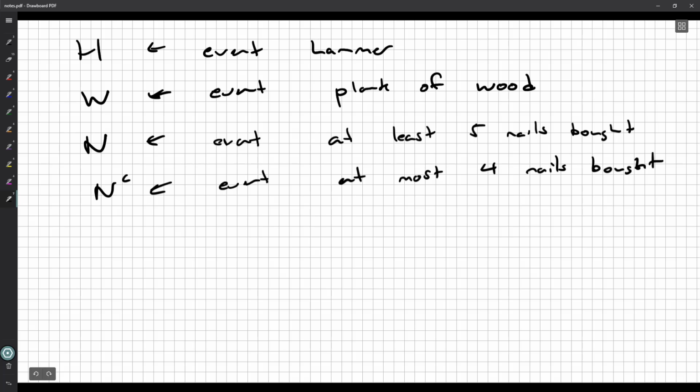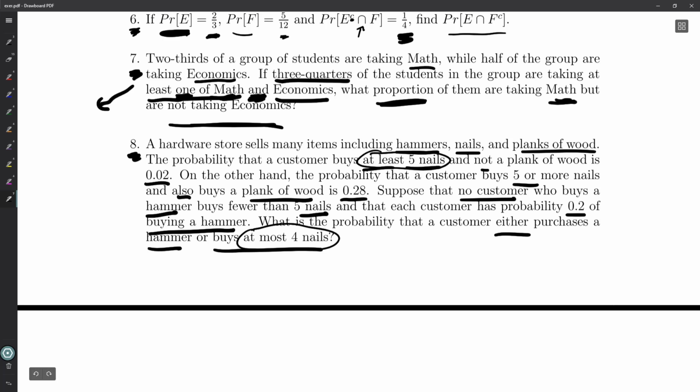So what else do we have? Now we've got our events, so let's start talking about some probability.